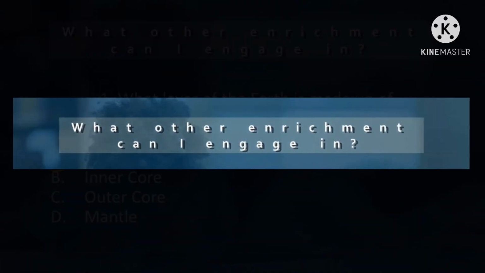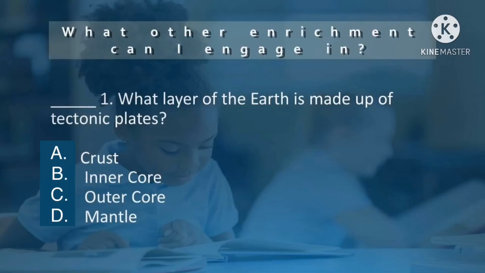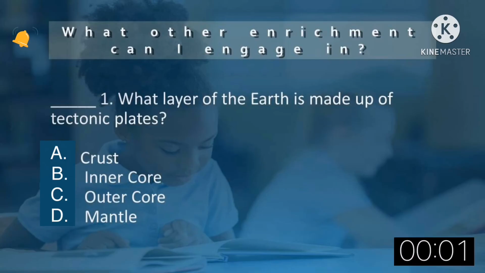For the other enrichment activity, you are going to answer the following questions. Be able to answer in 5 seconds each question. What layer of the earth is made up of tectonic plates? Alright, what's the answer?